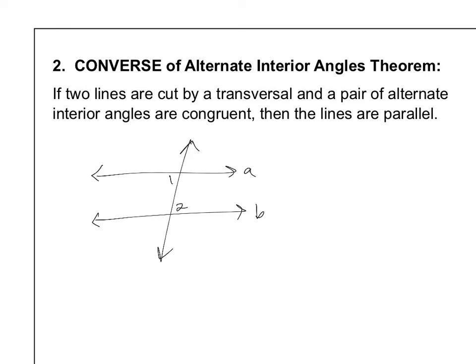It says: if two lines are cut by a transversal and a pair of alternate interior angles are congruent, then the lines are parallel. So if we know these two angles right here are congruent, then A would have to be parallel to B. If angle 1 is congruent to angle 2, then A is parallel to B.